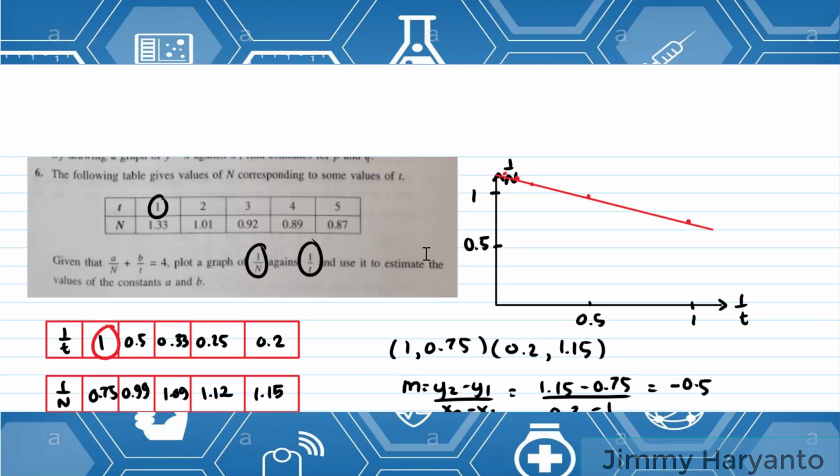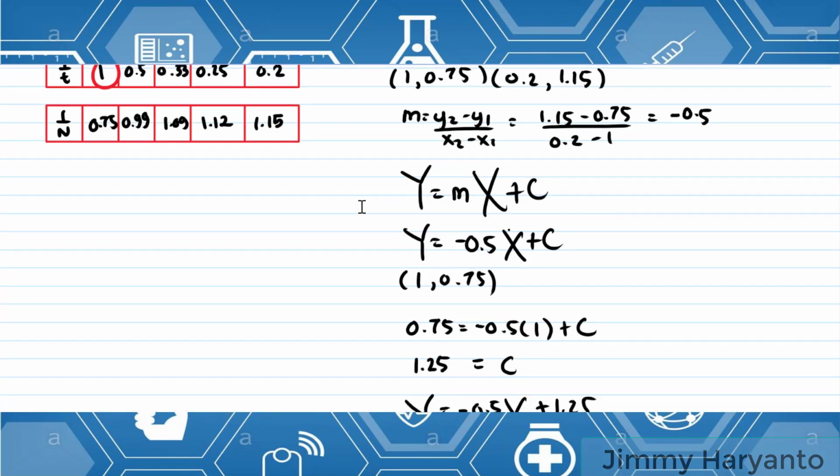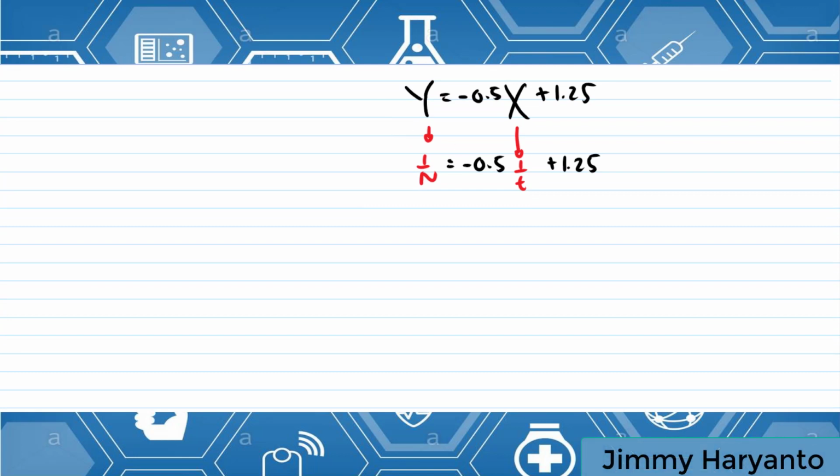Next, we'll have to compare it with the question to estimate a and b. The question is a over n plus b over t equals 4. Let's look at this. Is it similar or not?